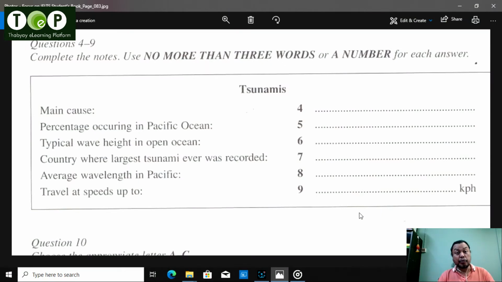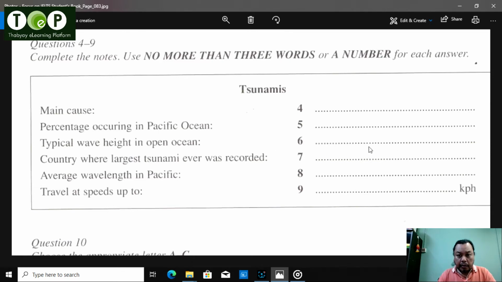All right, now let's move on to questions 4 to 9. How many words can you write? No more than 3 words or a number. This is about the main cause of tsunami. The recording is going to tell you about this and that cause, but what's the main cause? Number 5, percentage occurring in the Pacific Ocean, so it has to be a number. And the typical wave height, typical, usual, not a remarkable one, the normal average wave height in the open sea.